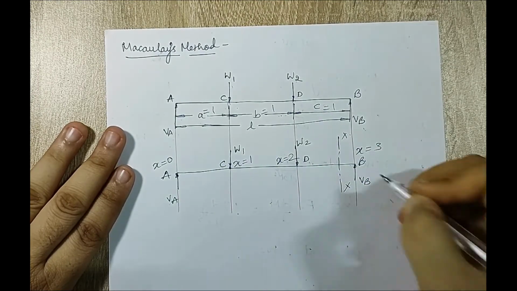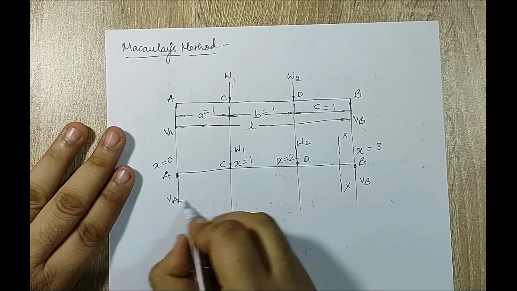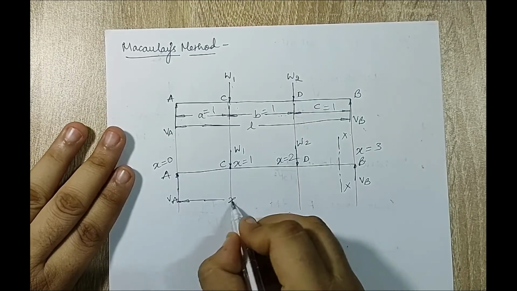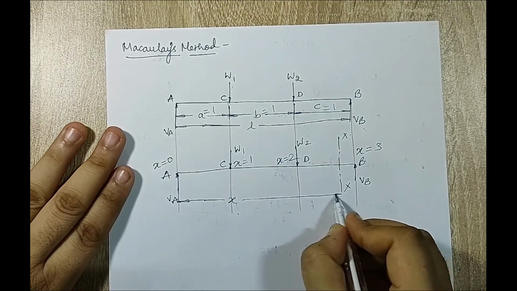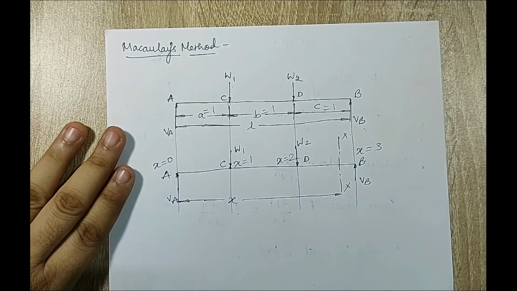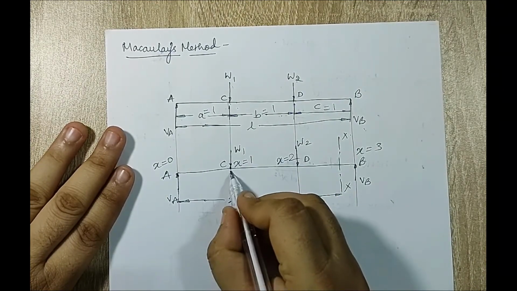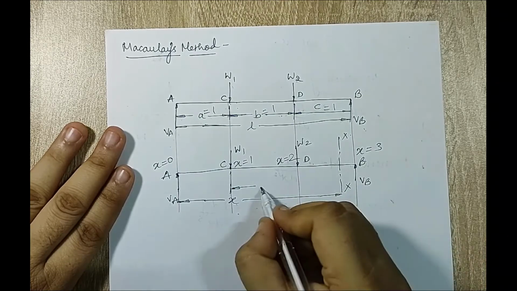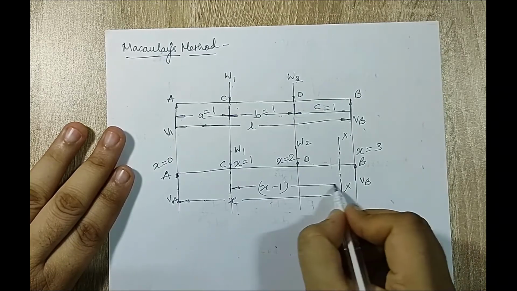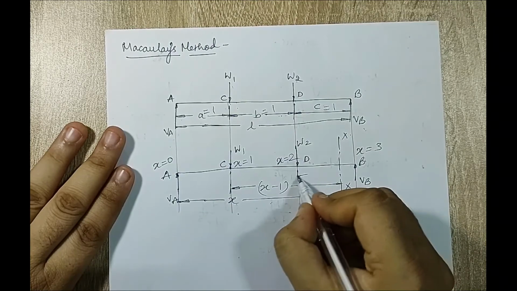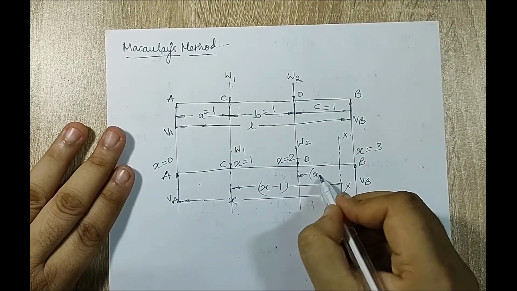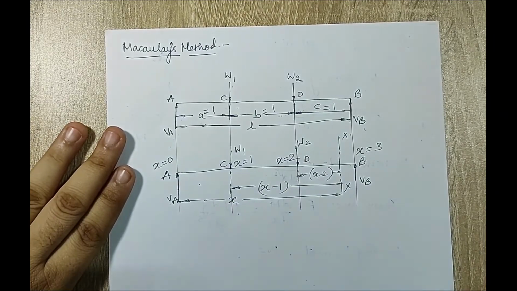So here will be my slider XX and this is the maximum distance to be measured from the other end, which will be x. If this distance is 1, the distance of C from the slider will be x minus 1 and the distance of D will be x minus 2. So this is how the diagram is supposed to be drawn for Macaulay's method.